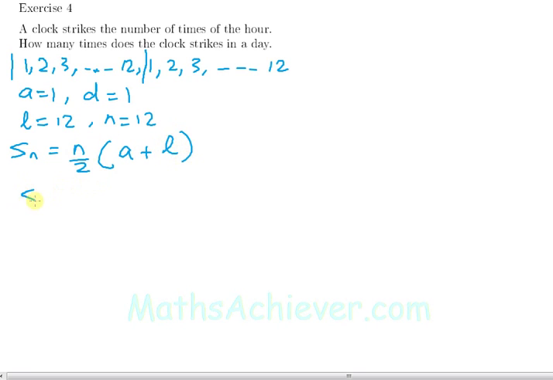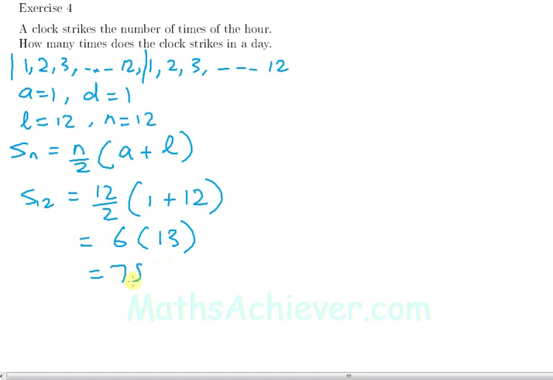So with n equals 12, we have 12 over 2, A is 1 plus L is 12, so we have 6 times 13, and that gives us 78.